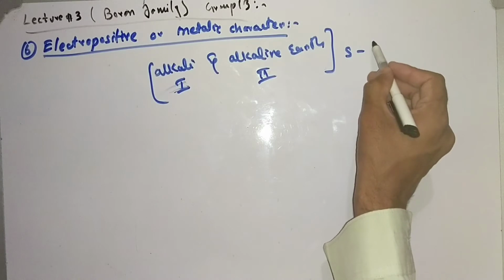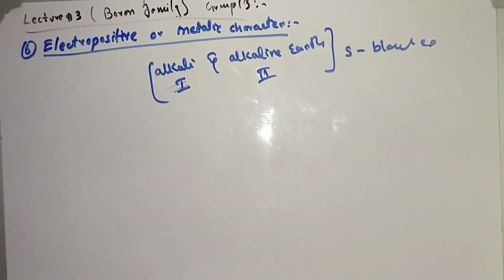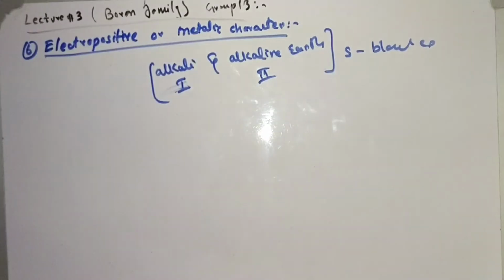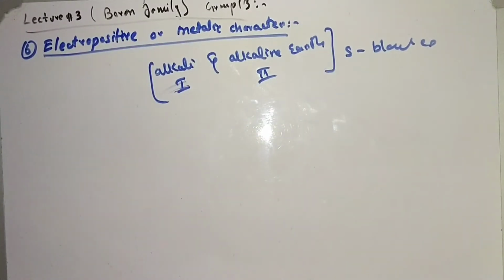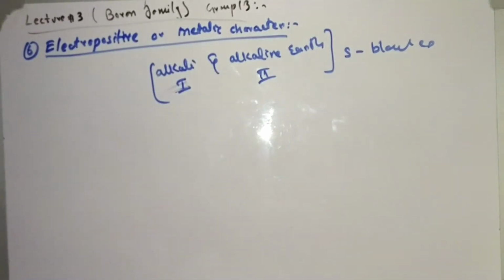Both of these groups are called S blocks. So as compared to the S blocks, the boron family, the third group elements, are less electropositive.